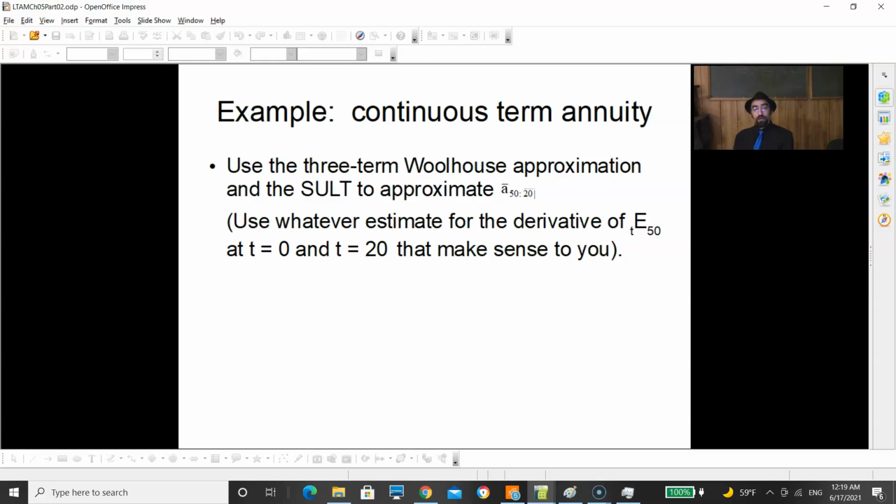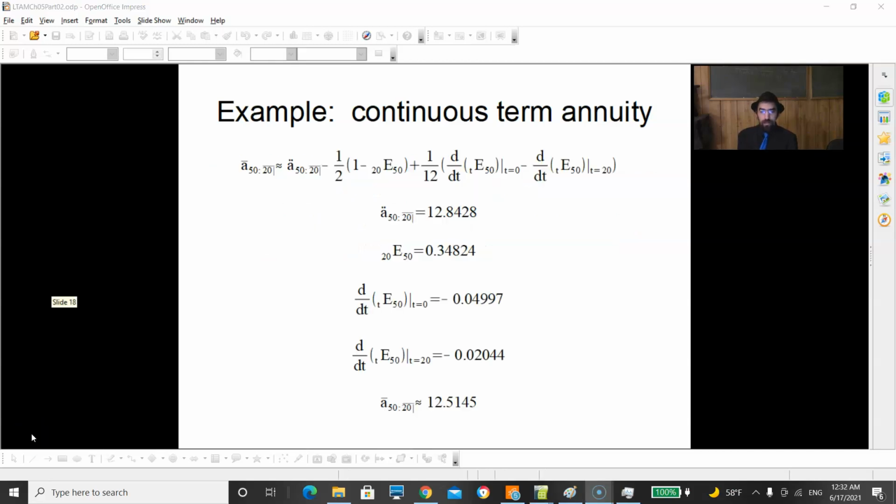So, if we want to use the 3-term Woolhouse approximation and the standard ultimate life table to approximate A bar 50 : angle 20, so for the continuous term annuity, we find that A bar 50 : angle 20 is approximately A double dot 50 : angle 20 minus 1/2 of 1 minus this endowment figure plus 1/12 times this difference in derivatives of the endowment figure.